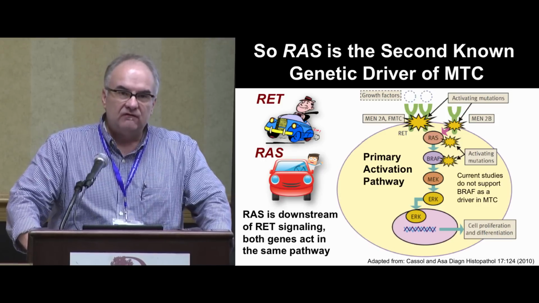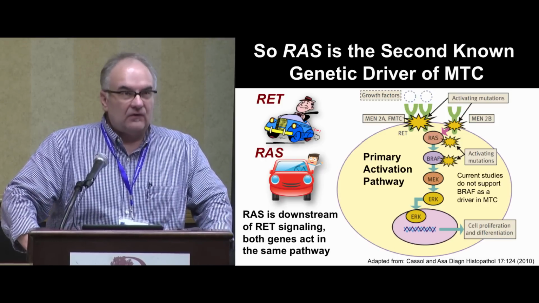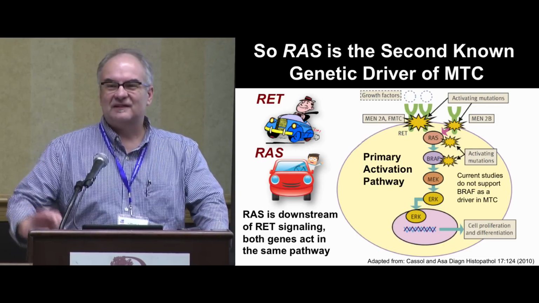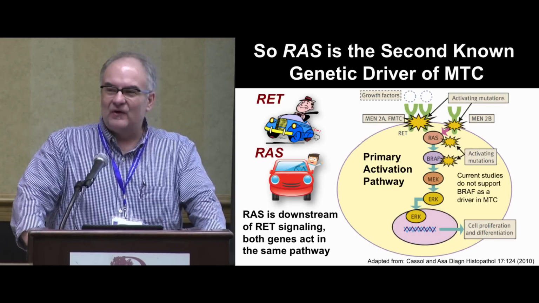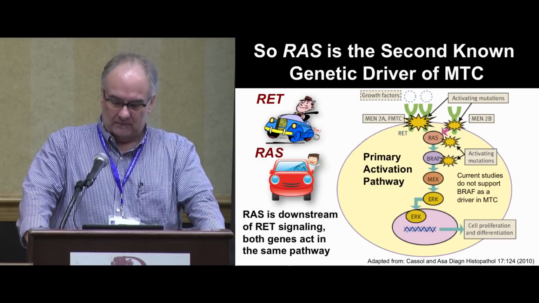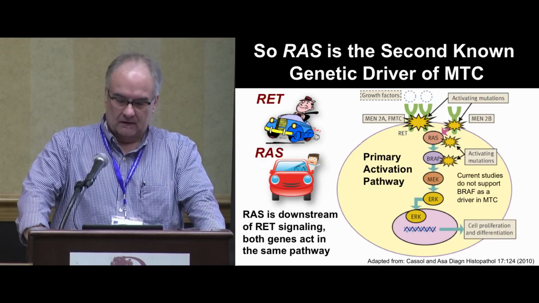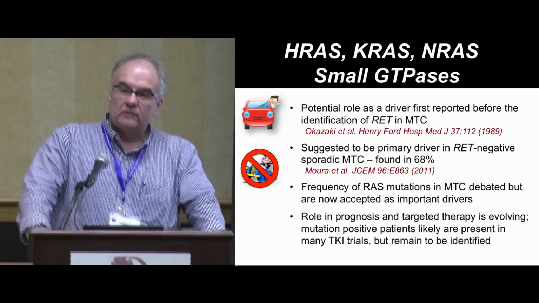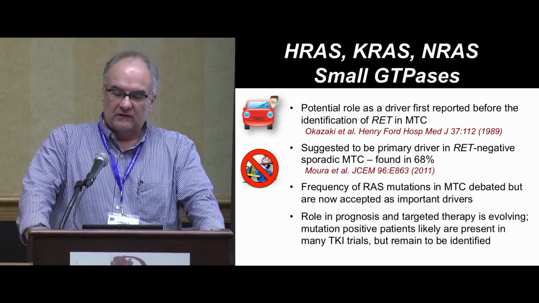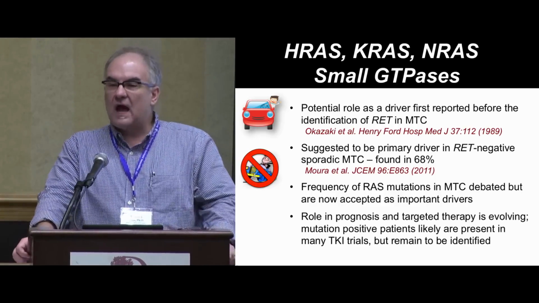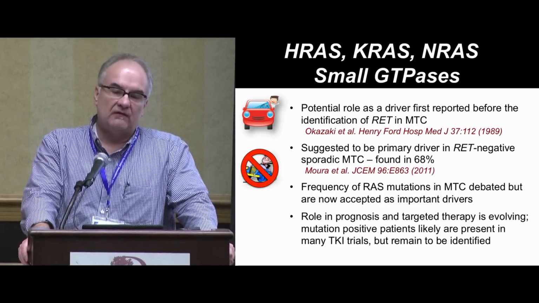For those of you that have followed the other cancer, what is that called? PTC and FTC. We know that they also have RAS and BRAF involved. So it's the same pathway. RAS is actually involved in a small group of GTPases. What's interesting, and I didn't even know this, is that RAS was first reported even before RET as a possible driver for MTC.